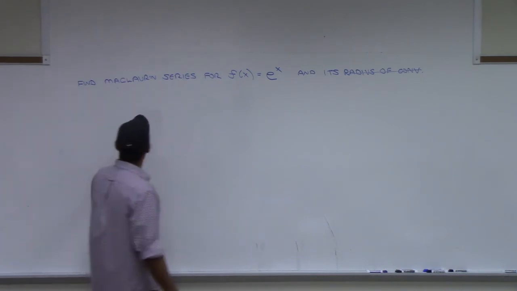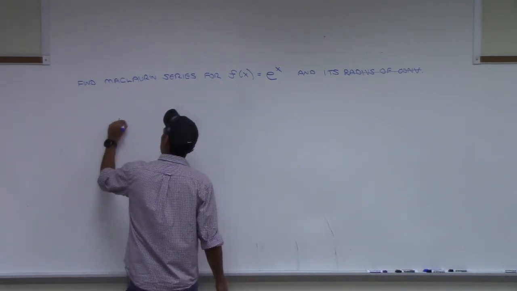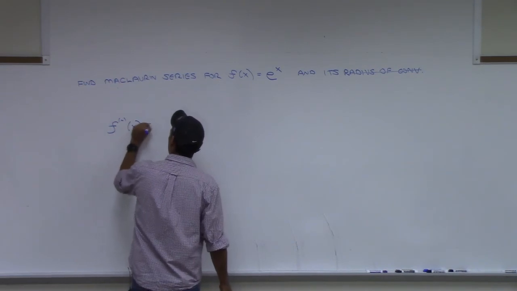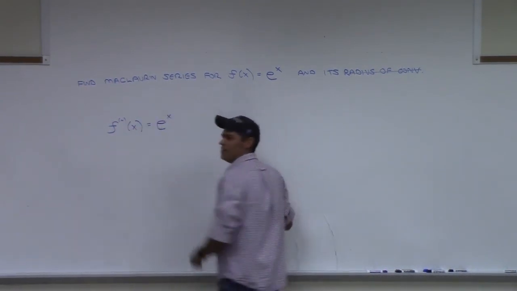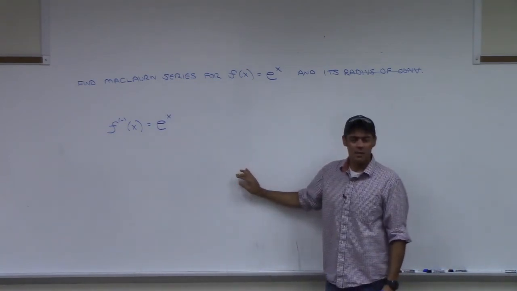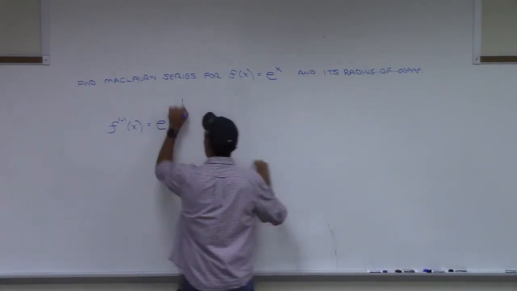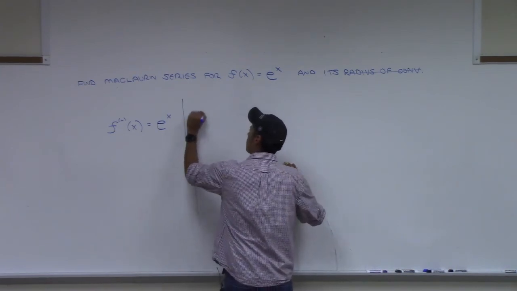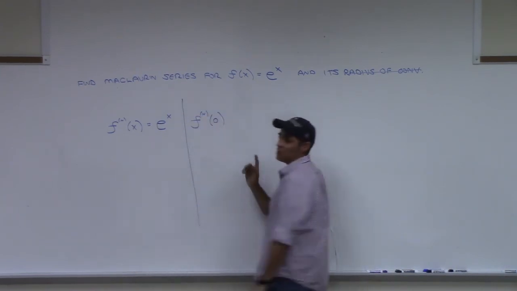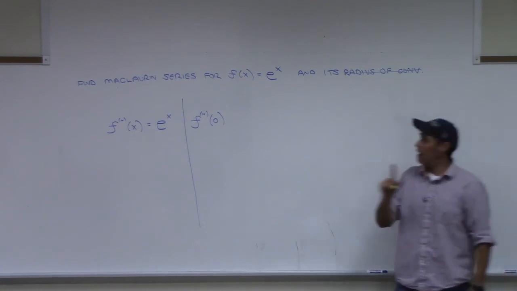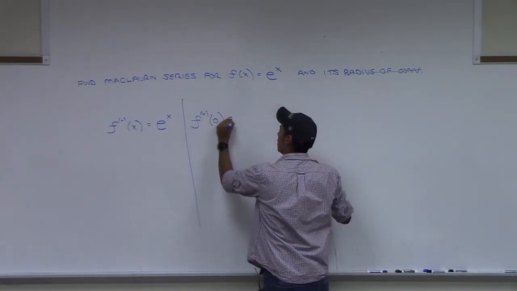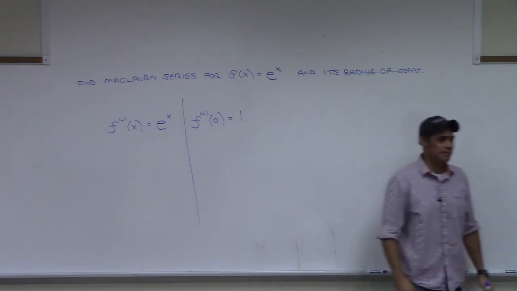No. What is the nth derivative of this function? e to the x. I don't even have to think about that, do I? Now, what is the nth derivative of this function at 0, because I want the Maclaurin series? 1, right? Just plug 0 into that and you get 1. So it's 1 all the time, isn't it?